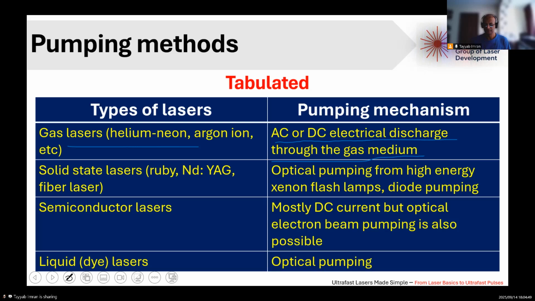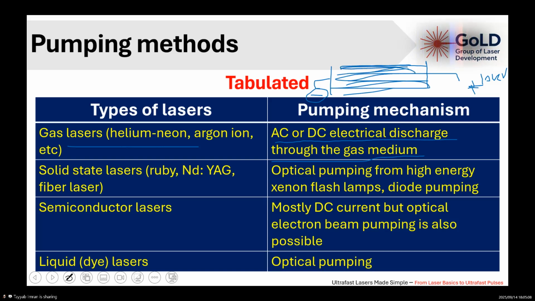You have two electrodes filled with the gas, positive and negative, with very high voltage, like 10 kV. Discharge happens here and excites the atoms, and then the regular process of lasing energy levels follows. So gas lasers are pumped with AC or DC, depending on what kind of gas medium is used.